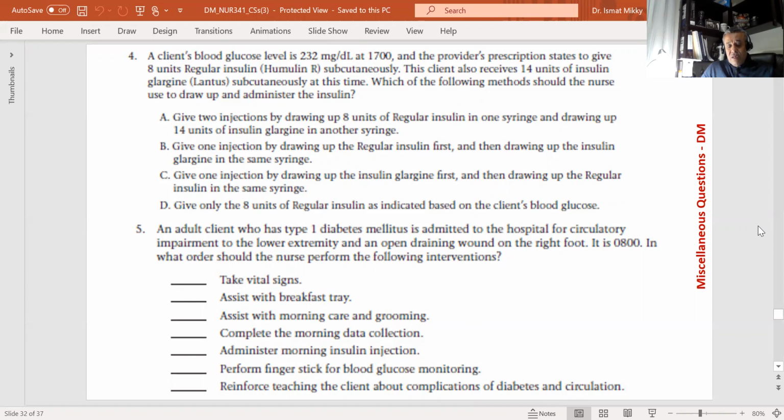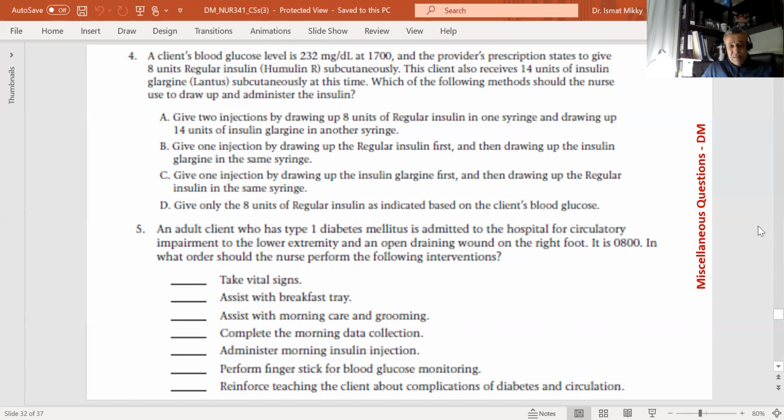You'll take the vital signs, then perform the glucose check, which is a finger stick, and then administer the morning insulin injection, complete the morning data collection, assist with the breakfast tray, assist with morning care and grooming, and then reinforce teaching the client about complications of diabetes and circulation.